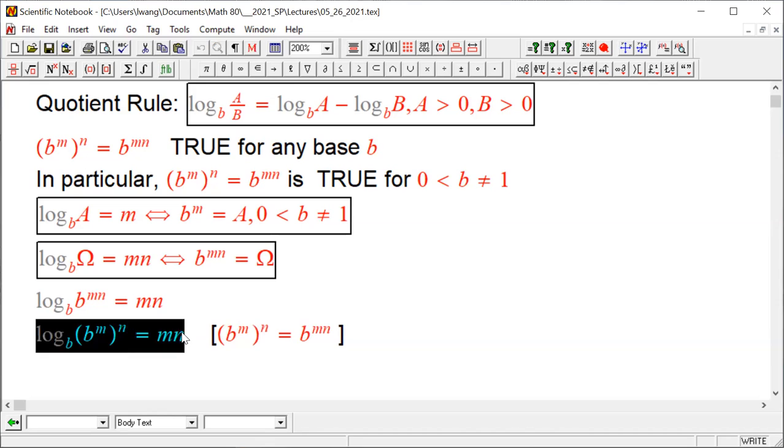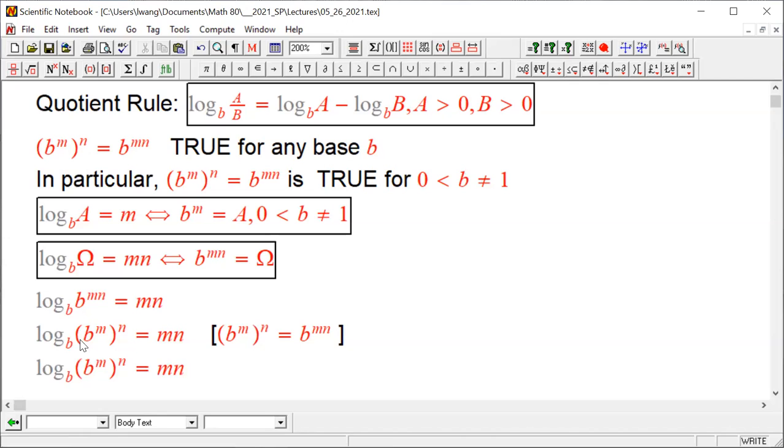And then what? What is b to the power m? It's a capital A. So this piece is a capital A. M times n is the same as n times m, right?